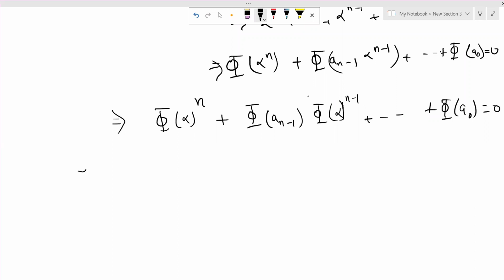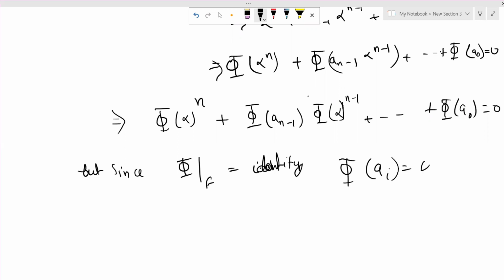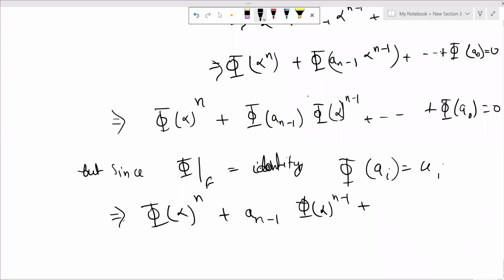Since phi restricted to F is equal to the identity, that means phi(a_i) = a_i. So phi(alpha)^n + a_{n-1} phi(alpha)^{n-1} + and so on + a_0 = 0.